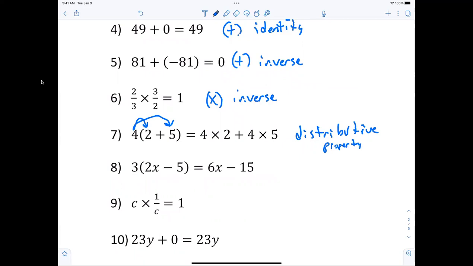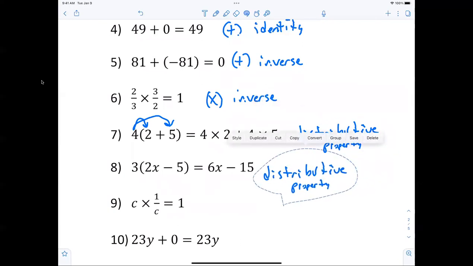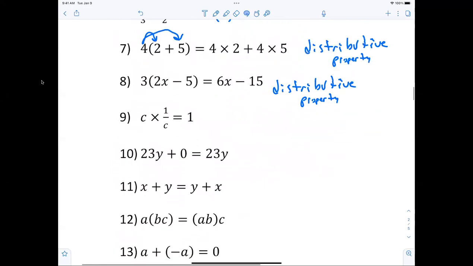And what about number 8? Say it. Yep, it is the distributive property. What about number 9? There's multiplication involved. That's right. Multiplicative inverse, because things are canceling. What about number 10? Nope. Identity, additive identity, because you're adding 0.